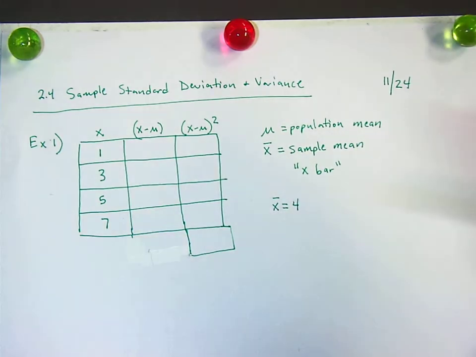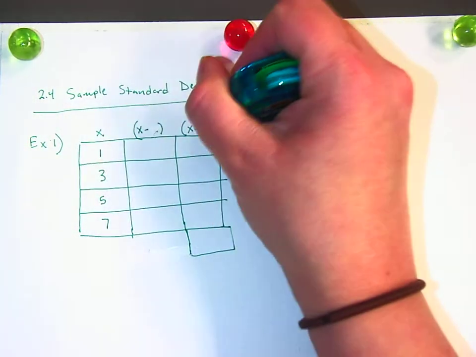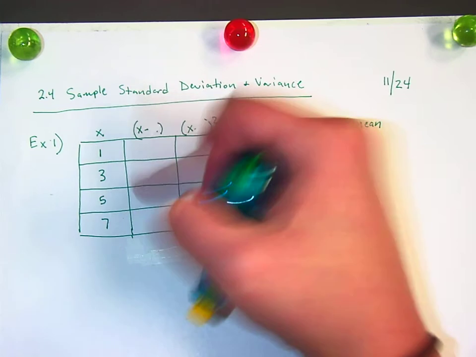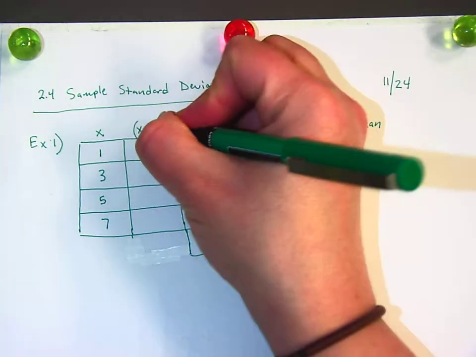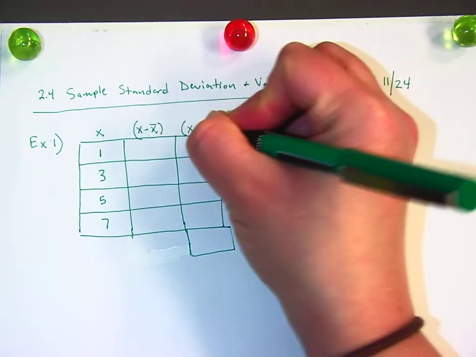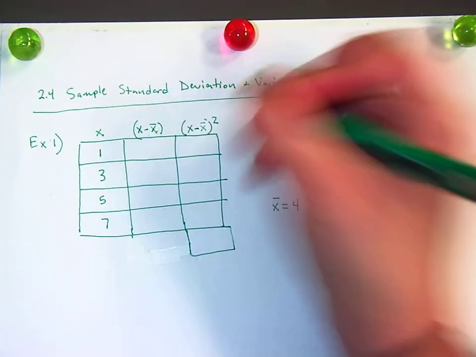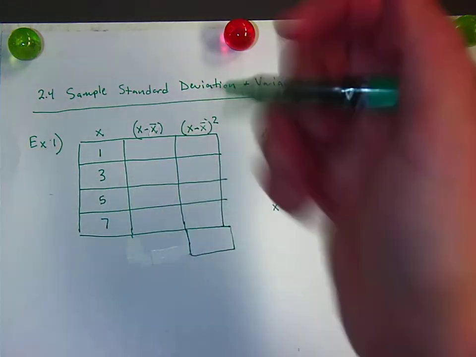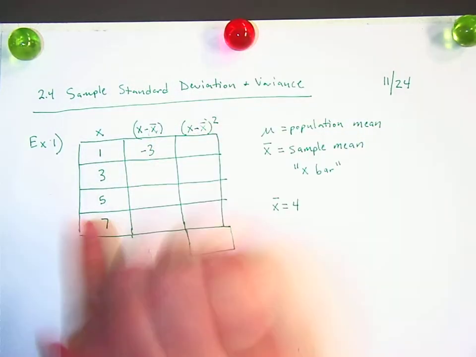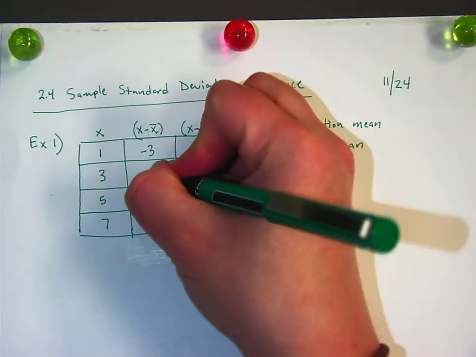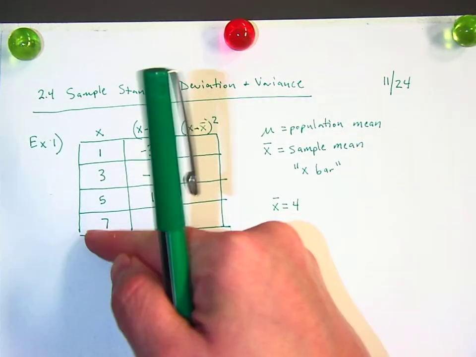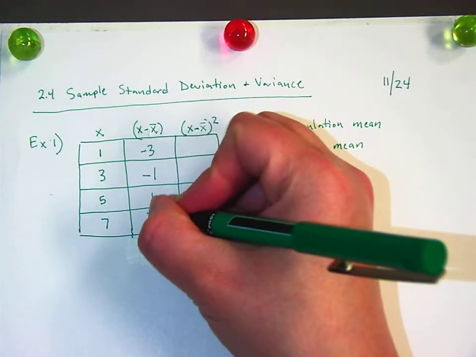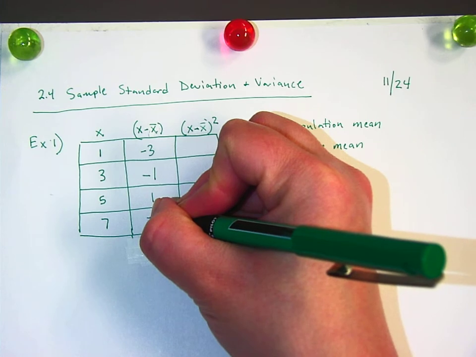So really, I shouldn't have these labels up here because I'm not going to subtract mu after all. I'm going to subtract X bar. Okay, so 1 minus 4 is -3, and 3 minus 4 is -1, and 5 minus 4 is 1, and 7 minus 4 is +3.